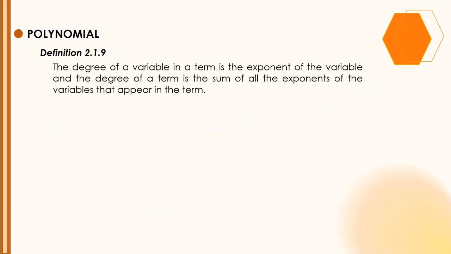The degree of a variable in a term is the exponent of the variable, and the degree of a term is the sum of all the exponents of the variables that appear in the term. For example, consider the monomial 5 squared x squared y cubed z to the power of 5.